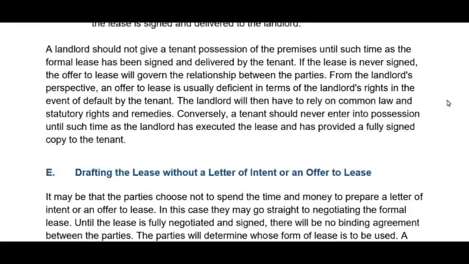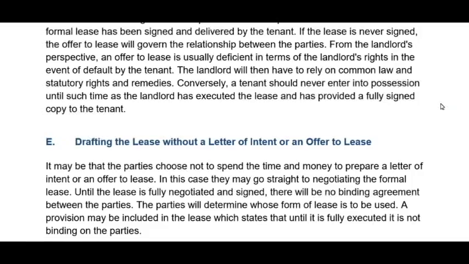The landlord will then have to rely on common law and statutory rights and remedies. Conversely, a tenant should never enter into possession until such time as the landlord has executed the lease and has provided a fully signed copy to the tenant.